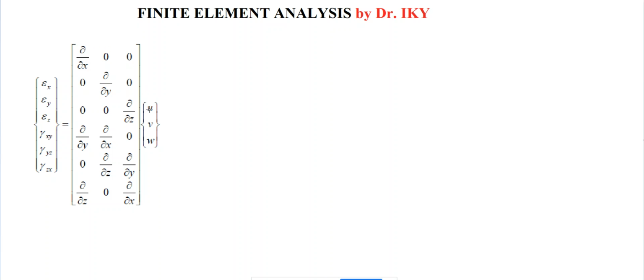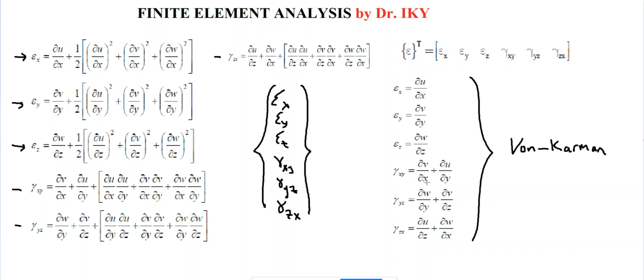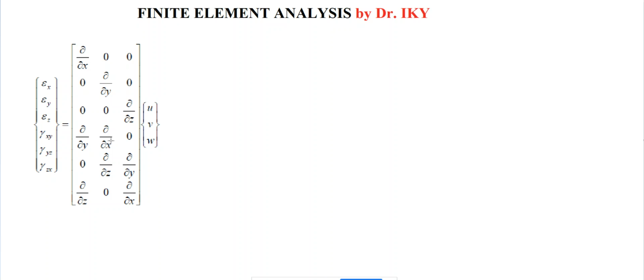If you multiply it, du, 0, 0; dv, 0, 0; d omega, 0, 0. For the shear, remember, dv dx, du dy. Coming back, du dy, dv dx.